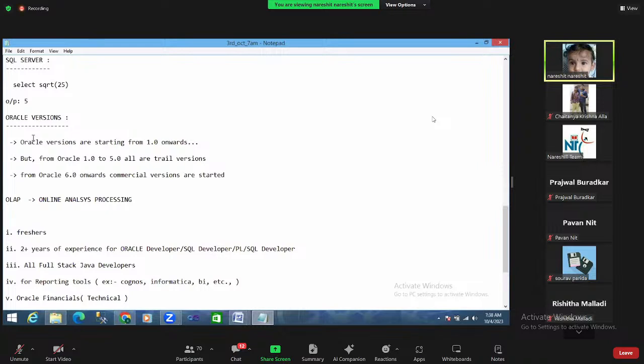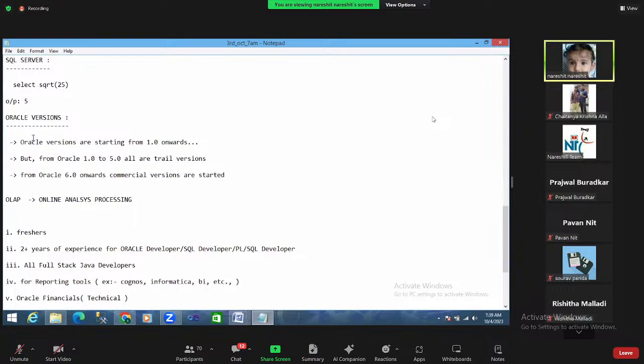wants to generate different types of analysis reports on his business turnover. Today, how many items were sold? He wants item-wise subtotal and grand total amounts. From the last one week, which items were not sold?